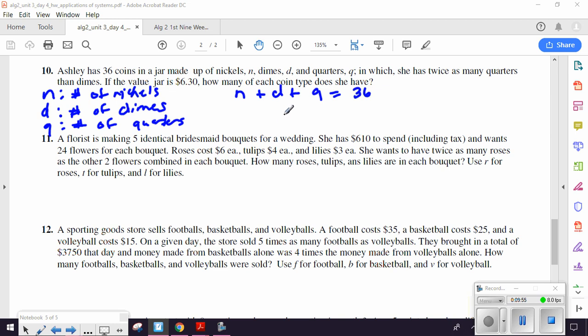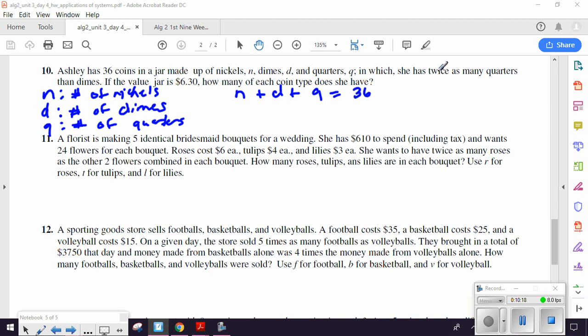Then it says she has twice as many quarters than dimes. So that means she has more quarters than she has dimes. When you read this sentence, sometimes it's difficult to figure out, do I put 2 times Q or 2 times D?